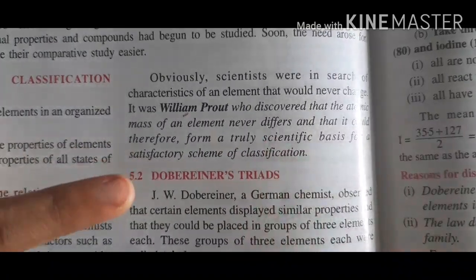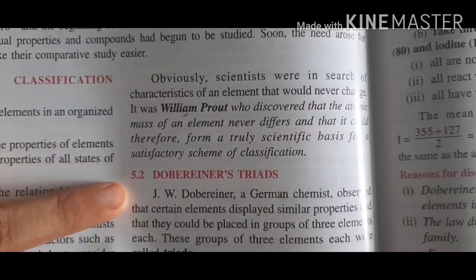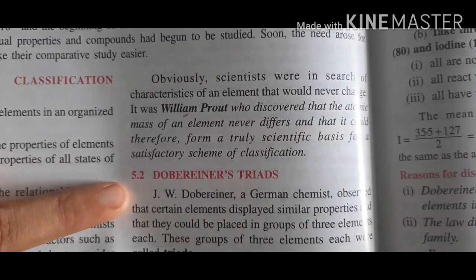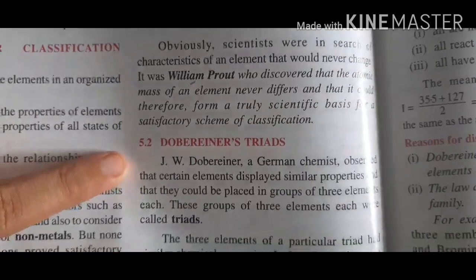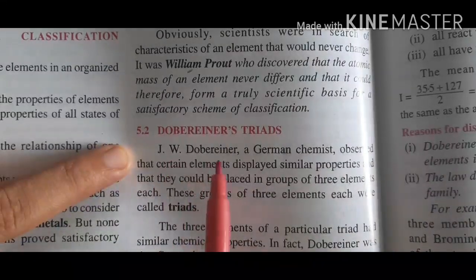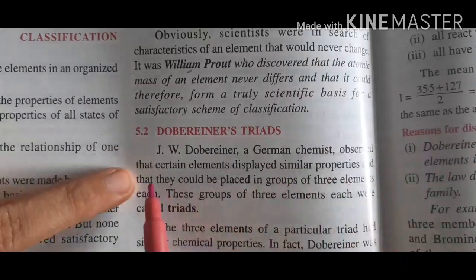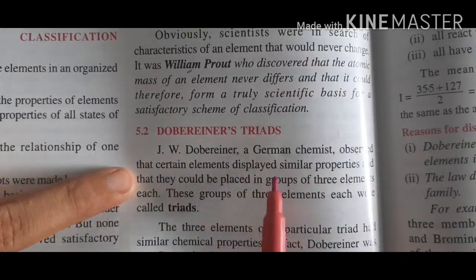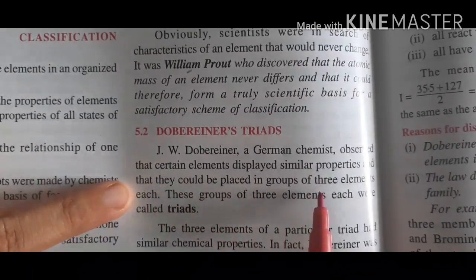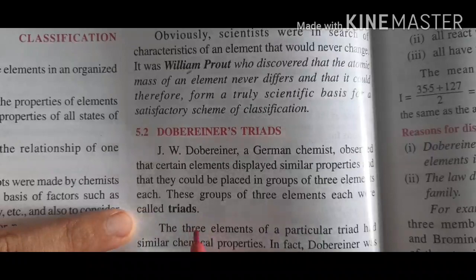Now we will learn about the different chemists or scientists who tried to classify the elements in a particular way, toward the periodic table. So the first attempt was by Dobereiner, one of the scientists, J.W. Dobereiner. He was a German chemist who observed that certain elements display similar properties and that they could be placed in groups of 3 elements each, and these groups of 3 elements each were called triads.